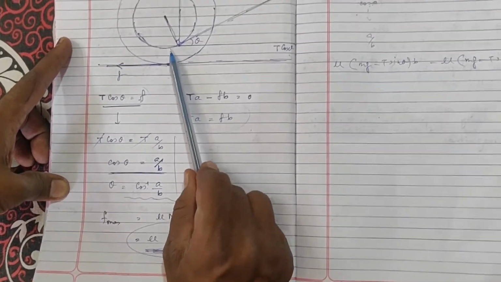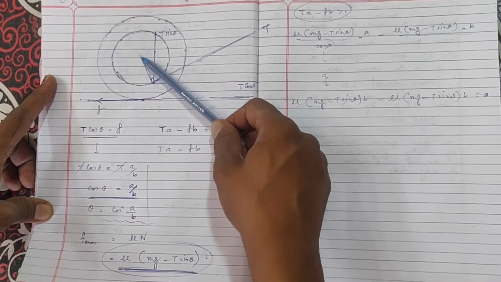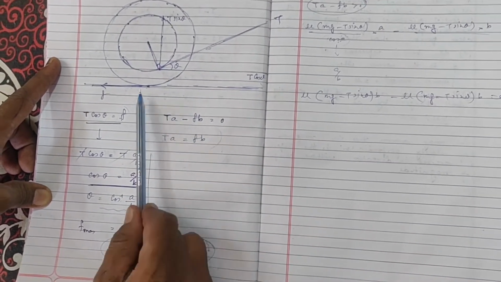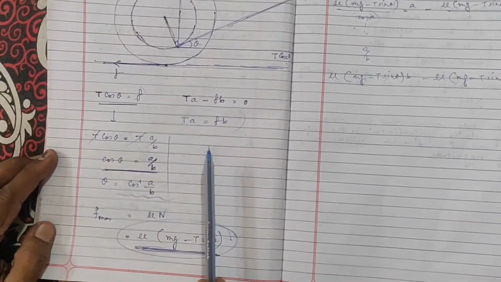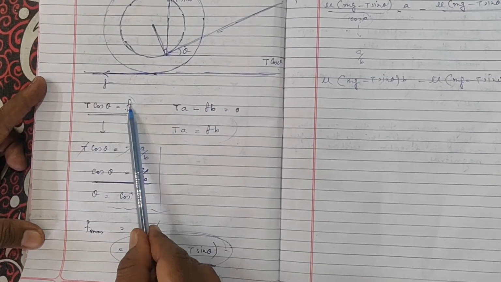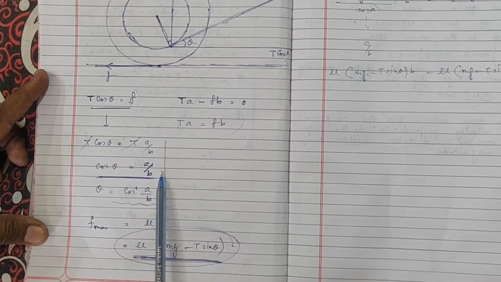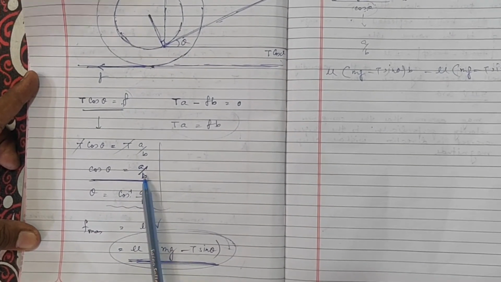Tension T acts at right angle with radius A, so TA must balance FB. So TA equals FB. Replacing F by TA by B, T cos theta equals TA by B. T cancels out. So cos theta is A by B. Theta is cos inverse A by B. This is the critical angle.